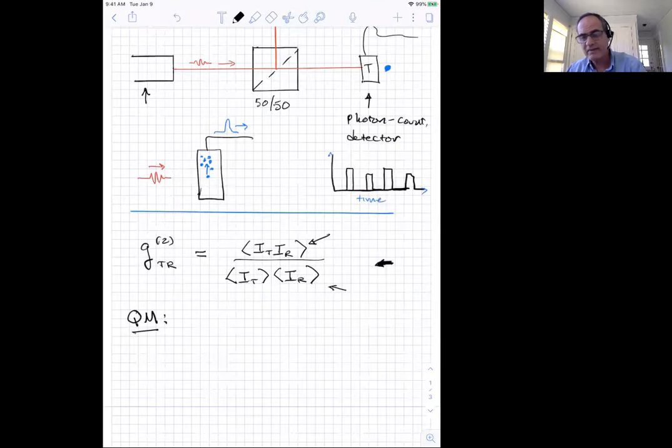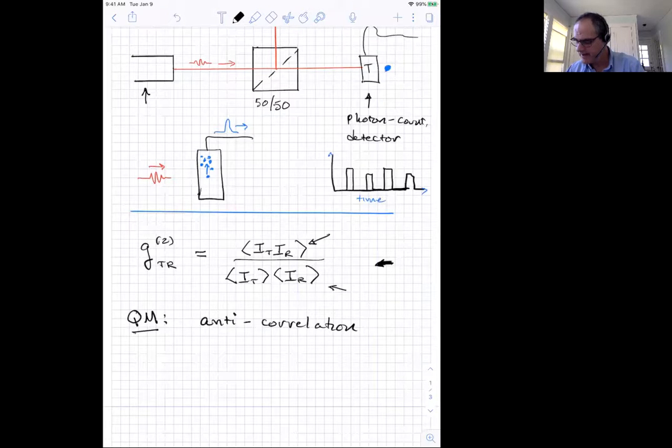Here, let's investigate what we expect for the quantum picture, where we have photons and where in the single photon case, if a photon is detected at the transmit receiver, it cannot be detected at the reflect receiver and vice versa. So in this case, we expect perfect anti-correlation between the outputs.